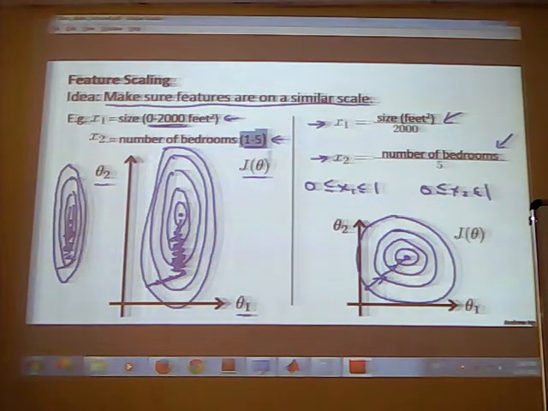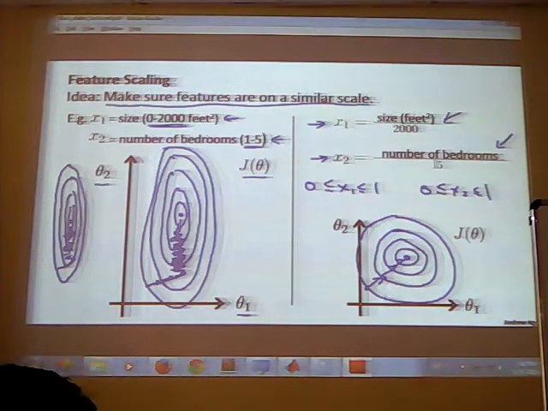But if we use feature scaling, say for x1 we divide the size of all the examples by 2000, the range, and for x2 we divide by 5. So we will have the value of x1 between 0 and 1 and the value of x2 also between 0 and 1.